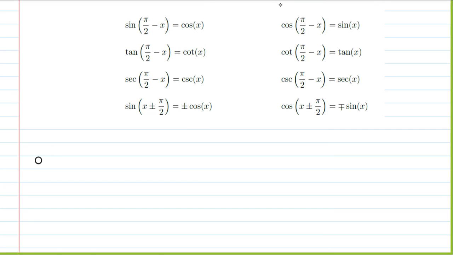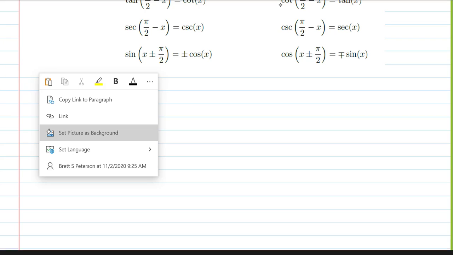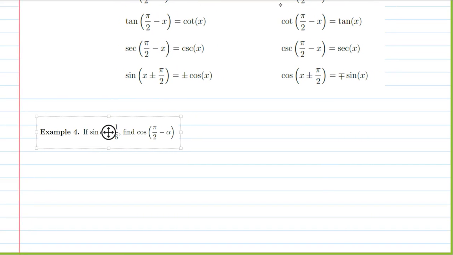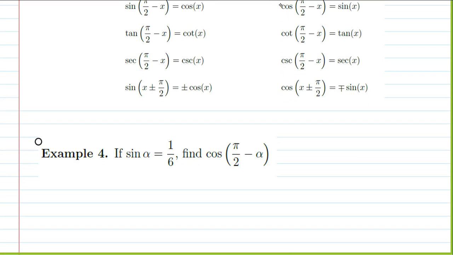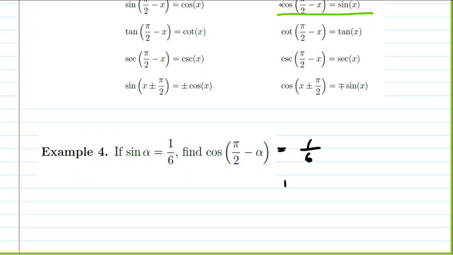So if we know that the sine of alpha is 1 over 6, we want to find the cosine of pi over 2 minus alpha. Well, that's going to be exactly this identity. So this tells us that the cosine of pi over 2 minus alpha is the same as sine alpha. Well, we know sine alpha, so this is really just 1/6 by the cofunction identities.